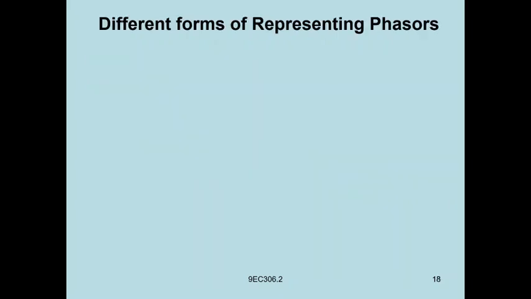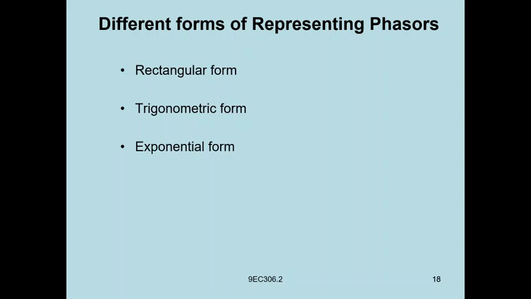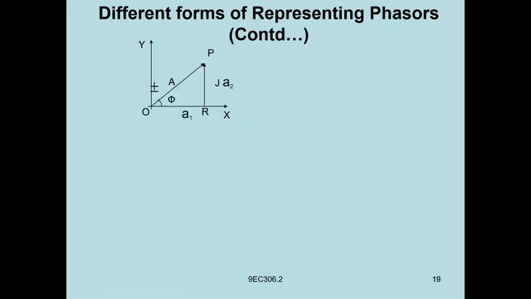So, different forms of representing phasors. It can be represented in rectangular form, trigonometrical form, exponential form, polar form. And this is the phasor OP, already we discussed, OP, OR, RP. And this can be represented in different forms.